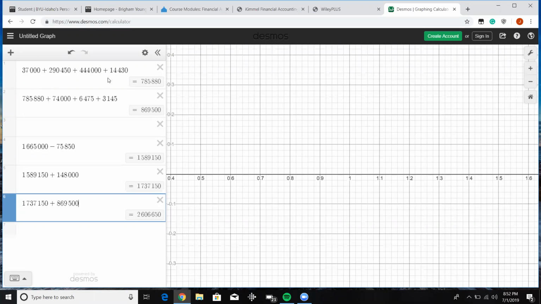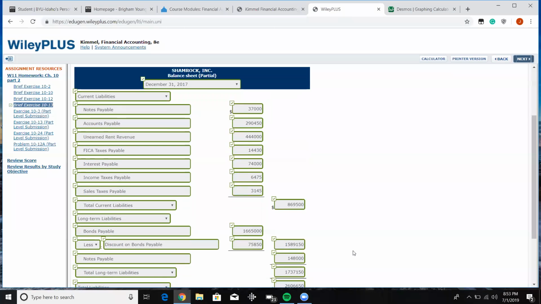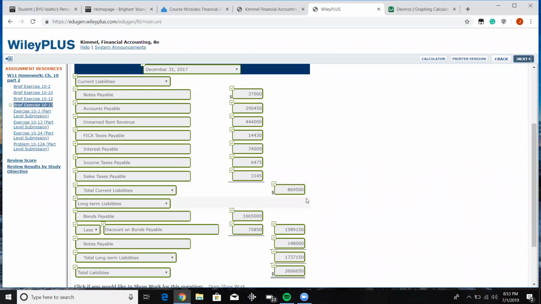And then just for your sake, to be able to see everything, I added up those numbers, got this number right here, and then moved that number down here, and then we continue on with the $74,000, the $64.75, and the $31.45. So our total current liabilities at the moment are $869,500. So that's going to go down here in our total.